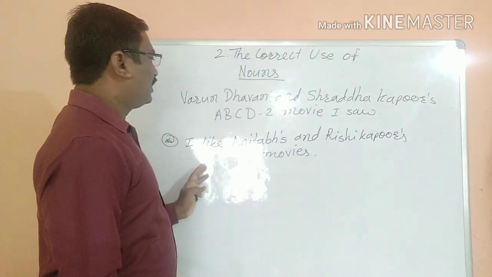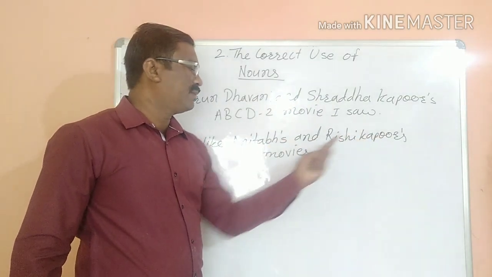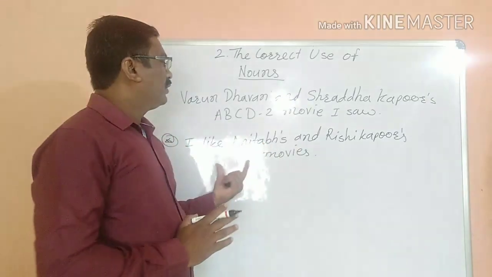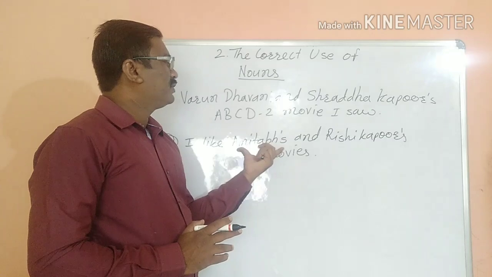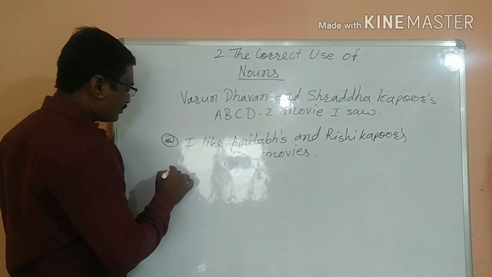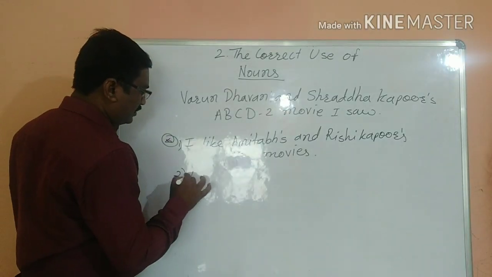Just see, I am talking about Amitabh Bachchan's separate movies and Rishi Kapoor's separate movies. So when I am talking about separate units, you have to take apostrophe s with each noun. One example we have seen, second example.